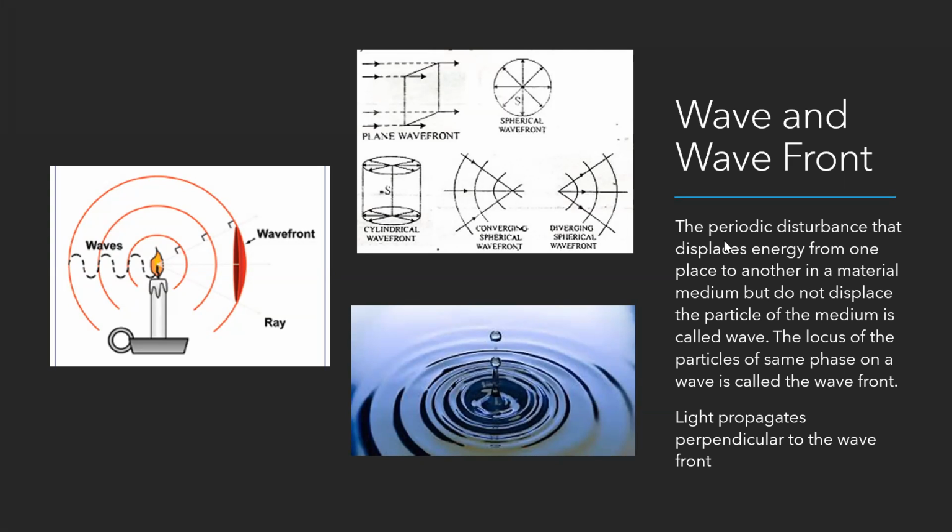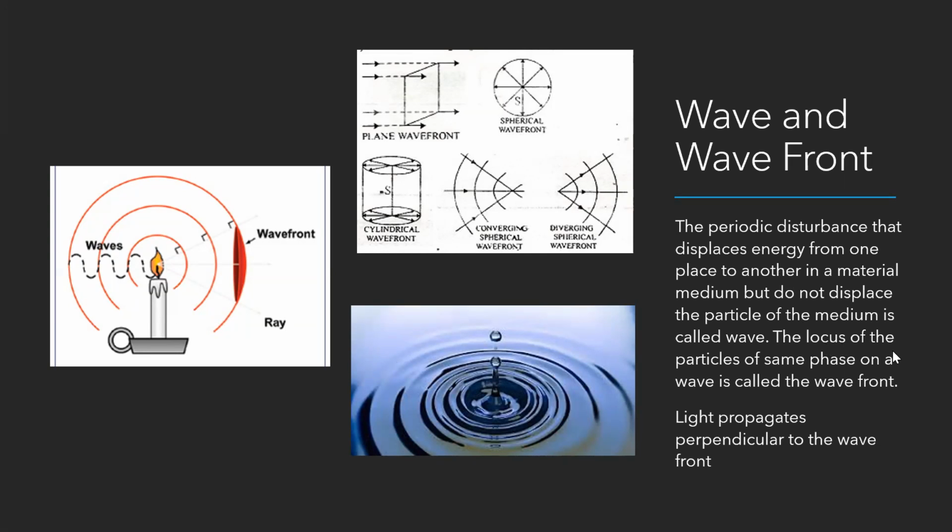That is the meaning of saying a periodic disturbance that displaces energy from one place to another, but does not displace the particles of the medium, is called a wave. This is an example of a water wave. This is an example where the light wave from a candle is moving outside. And all these are waves.